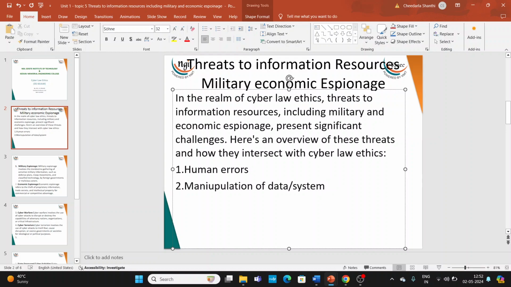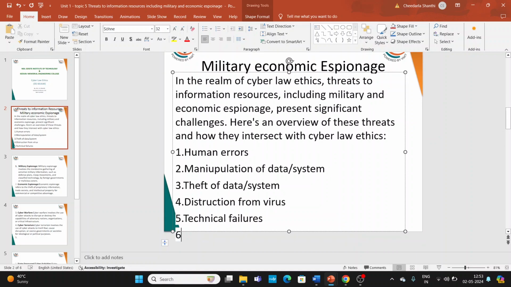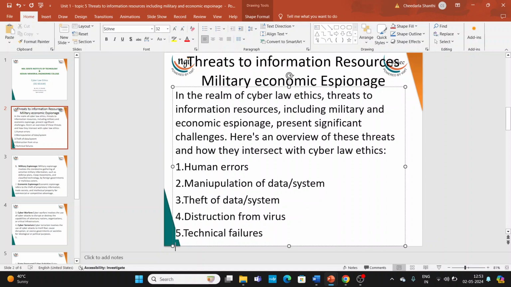The third is theft of data or systems, and the fourth is destruction from viruses. The fifth is technical failures or errors of the system, and the sixth is natural disasters.